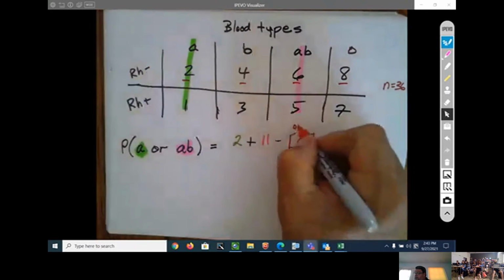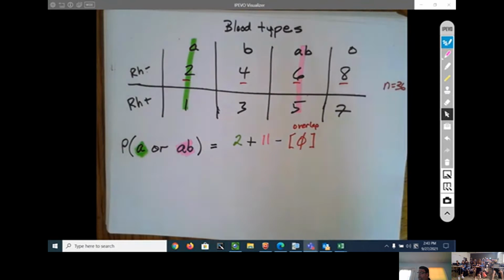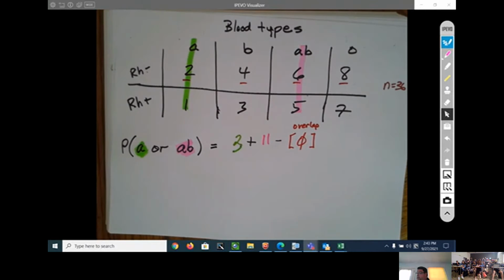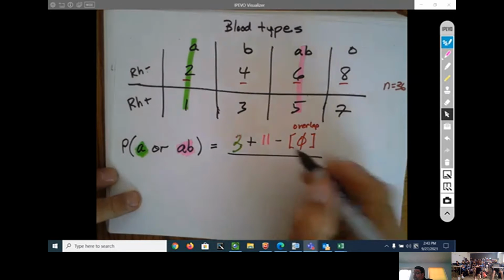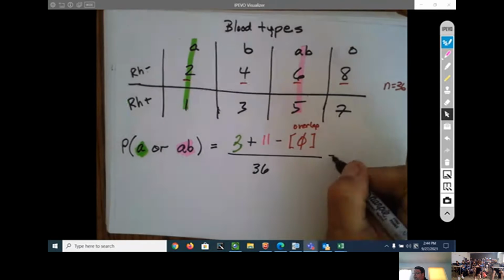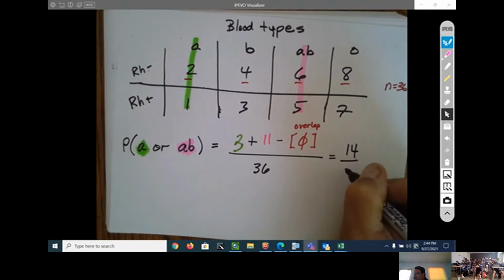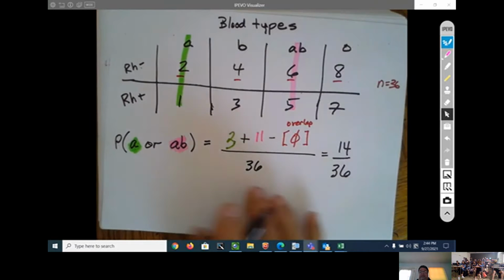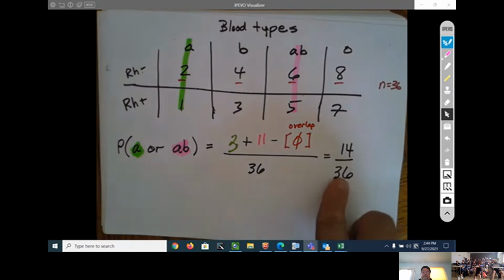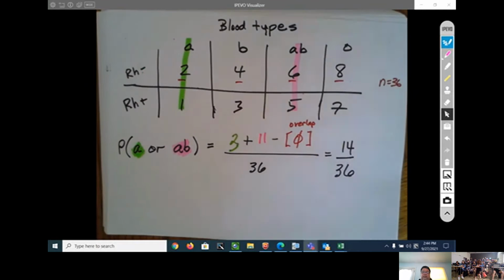Wouldn't it be 3 plus 11? Yeah, thank you. Over 36. And now you just do the adding and you get 14 over 36. I'm not going to worry about the decimal and I'm not going to worry about simplifying. Y'all are in 11th, 12th, fixing to graduate. Y'all know to reduce that and to give you a decimal. I'm not going to do that.